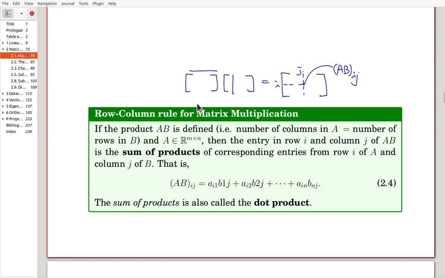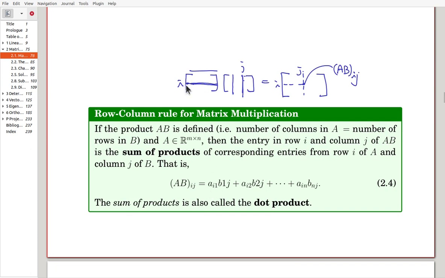Here it means that we choose the ith row from A and the jth column of B. Then we multiply the corresponding entries: first entry, second entry, and then after the product of each corresponding entries, we sum them, and that is exactly this one.